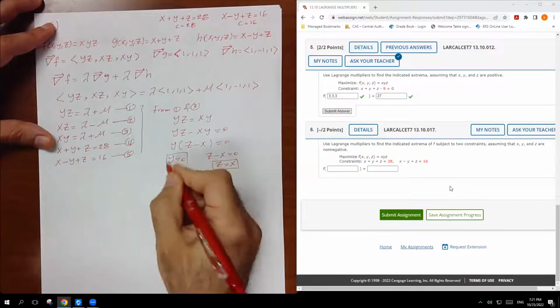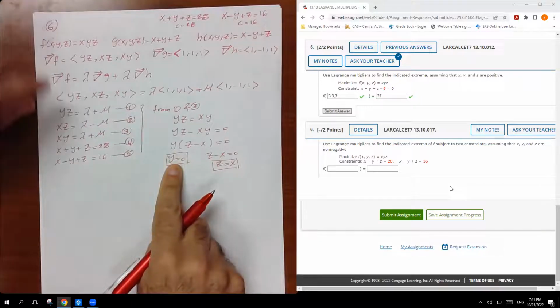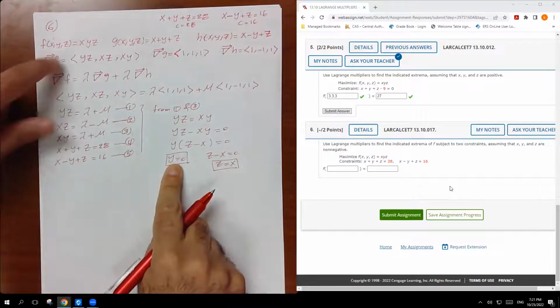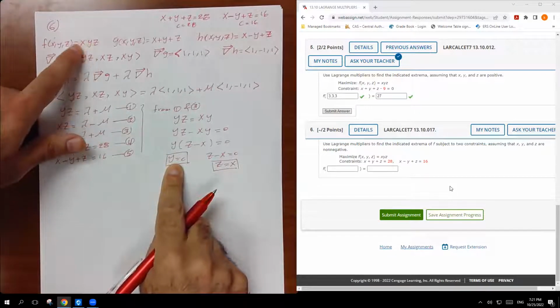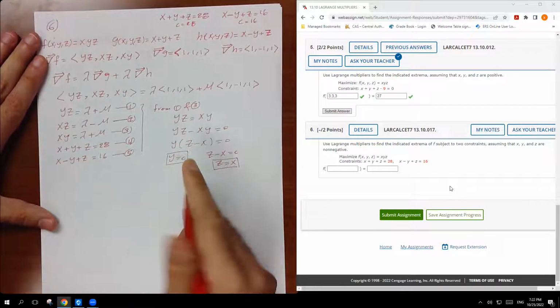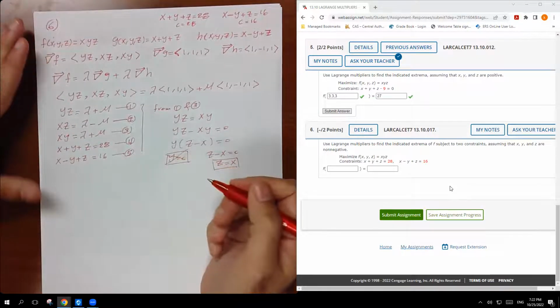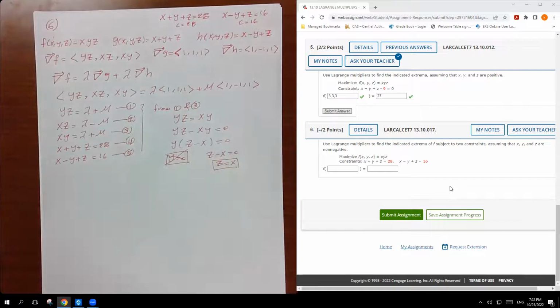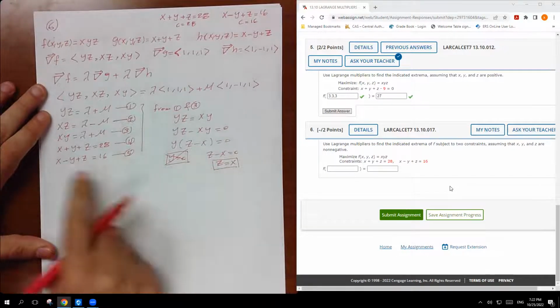Y equals 0 means this one is 0, this is 0, x times 0. So everything is going to be 0, and this doesn't make sense. It's not going to be an extreme, so I'm not going to choose y equals 0. X equals z. Let's plug x equals z into the constraints.